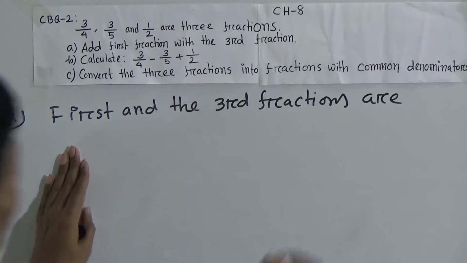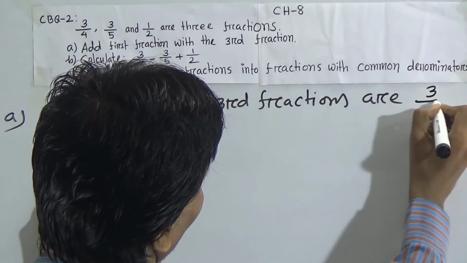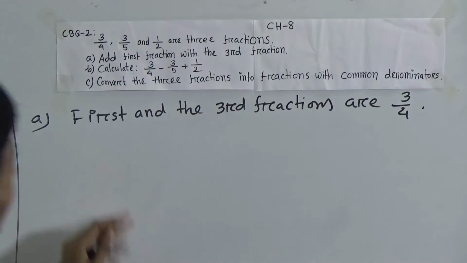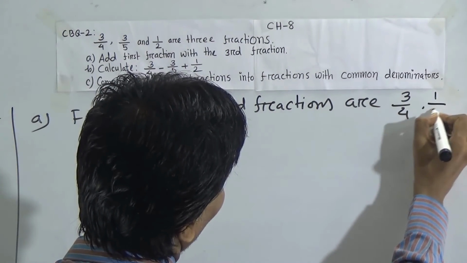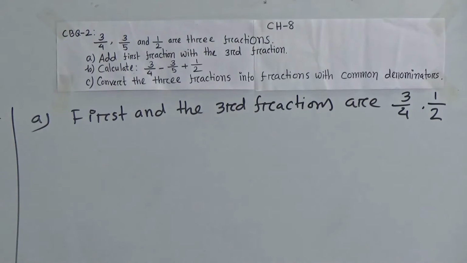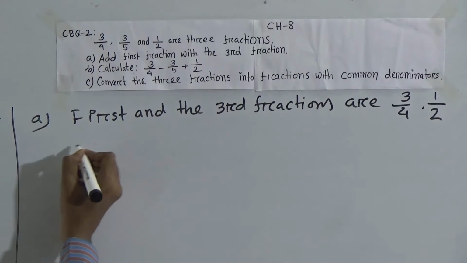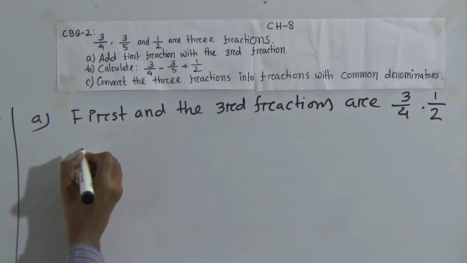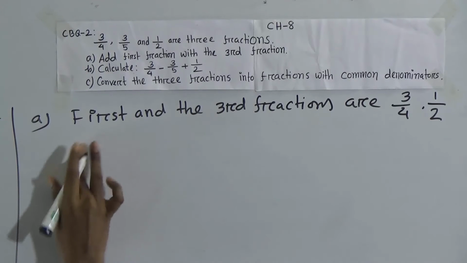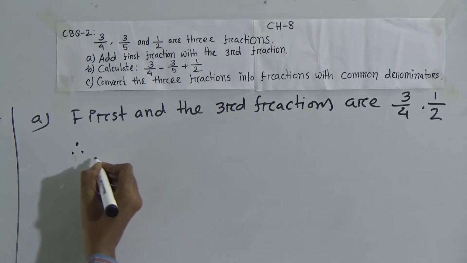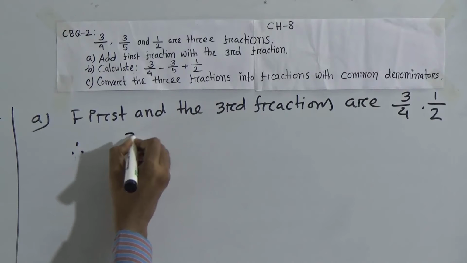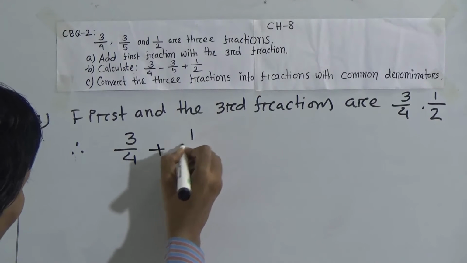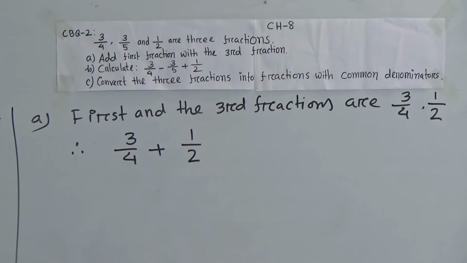First fraction 3 by 4 and the third fraction 1 by 2. Therefore, add the first fraction with the third fraction. Therefore, we can write 3 by 4 plus 1 by 2. We have to now add.